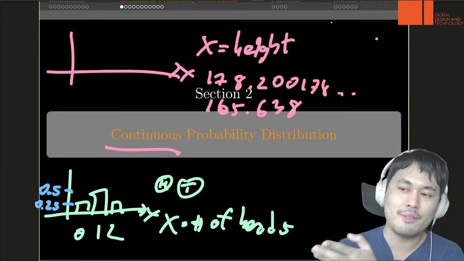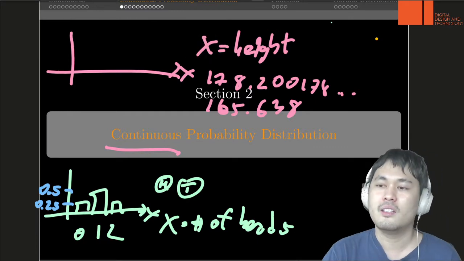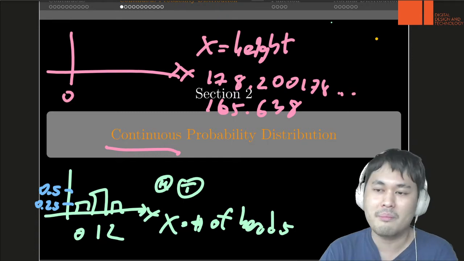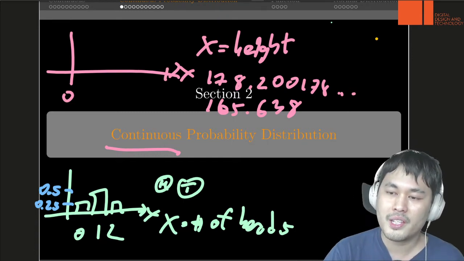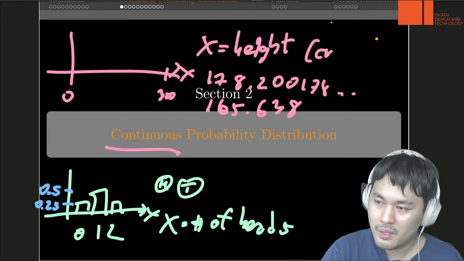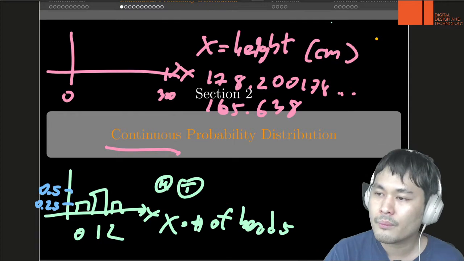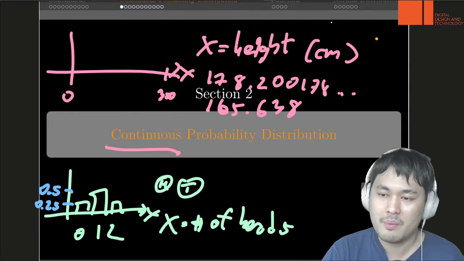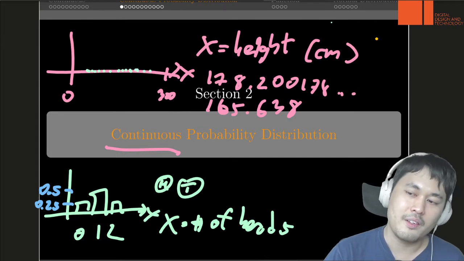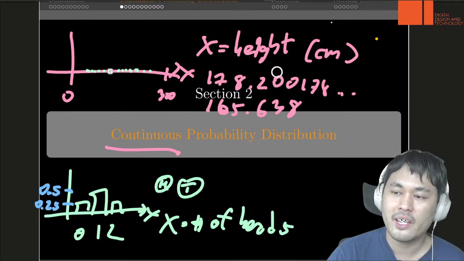Usually you have to read what is being described here. If you think about height, then it makes sense to have height from maybe 0 to, let's say, 300, suppose we measure in centimeters. And once you measure people, you're going to get dots. For each height there could be only exactly 1 person of that height.